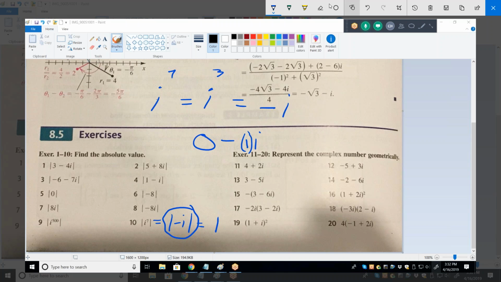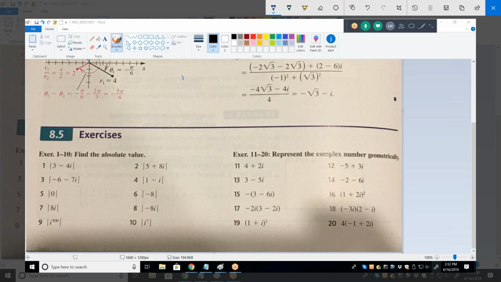Okay. Now let's look at some of these graphs. First of all, these are really straightforward. Okay. Instead of a normal XY graph, you have the real part as the horizontal axis, and you have the imaginary part as the vertical axis.